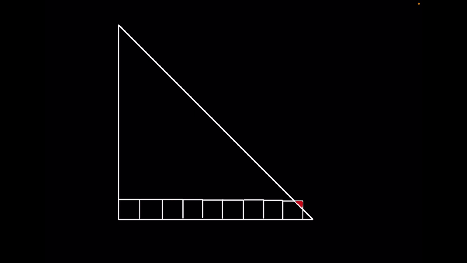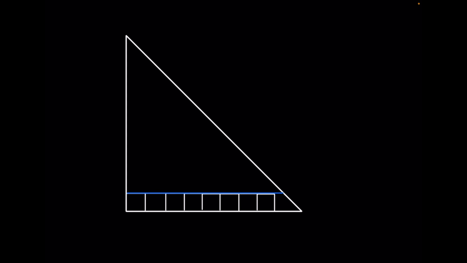So what we need to do now is count how many squares we were able to fit in this layer, right? So how do we count that? If you see, what I've drawn here in blue is a line that coincides with the top edge of all the squares in this layer and meets our hypotenuse, right?